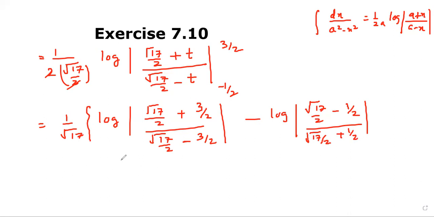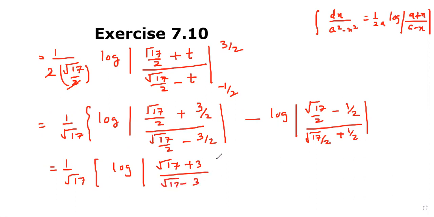Now we simplify. So it will become 1 upon root 17 log. Let's simplify it. It will become root 17 plus 3 divided by root 17 minus 3 minus log root 17 minus 1 upon root 17 plus 1.